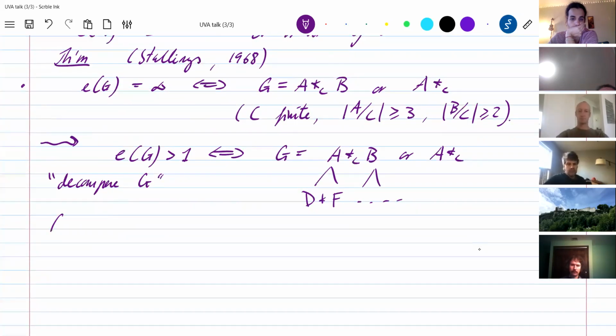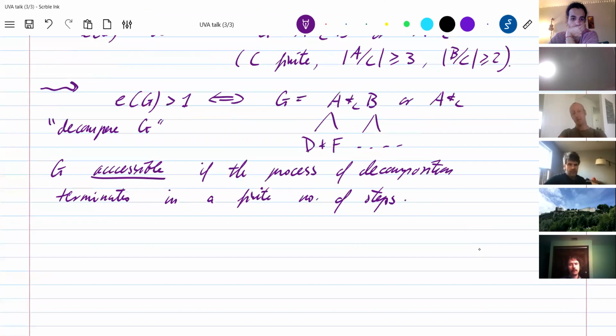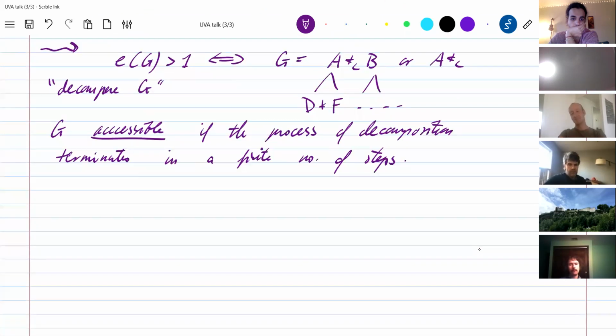So we say that G is accessible if this process of decomposition that I just described terminates in a finite number of steps. So if we can finish up decomposing in a finite number of steps, we're accessible.